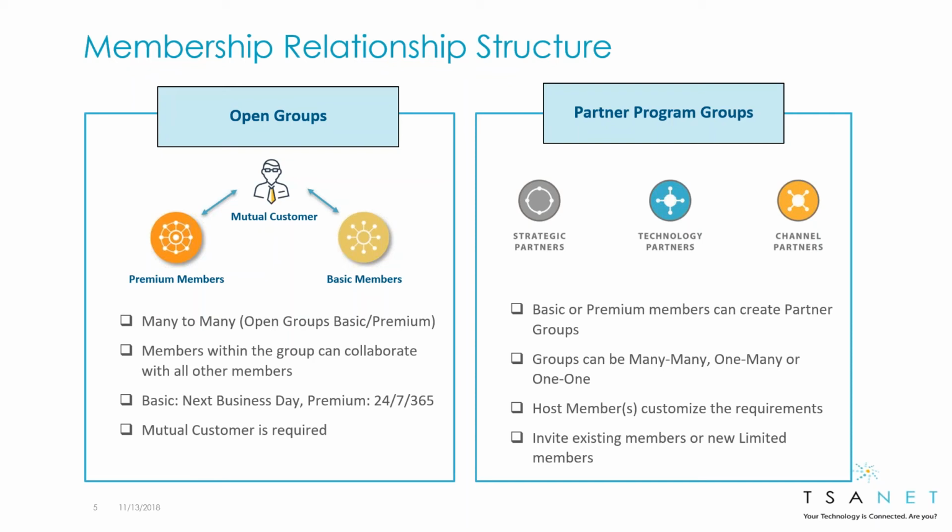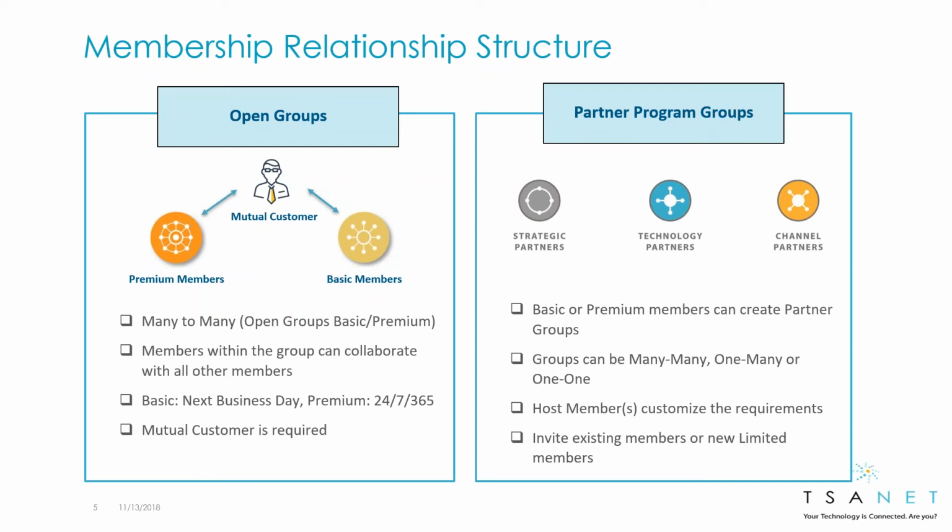But in order for all that to work, where you get all these companies involved, you've got to establish some kind of guidelines to make sure it's okay for that to happen. So what we say in any of these open group environments is that there has to be a mutual customer involved, which means that typically there is an entitlement involved for that customer.